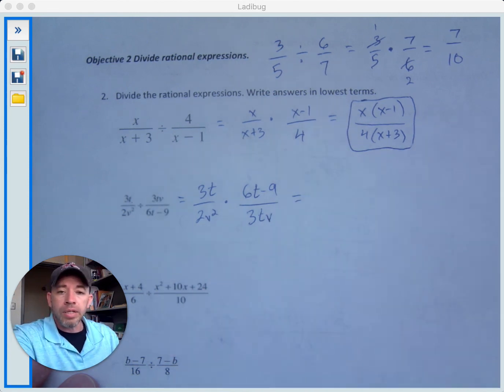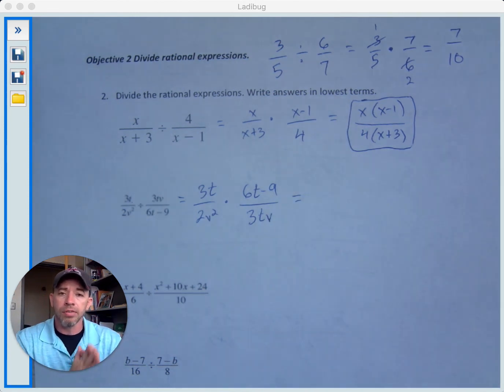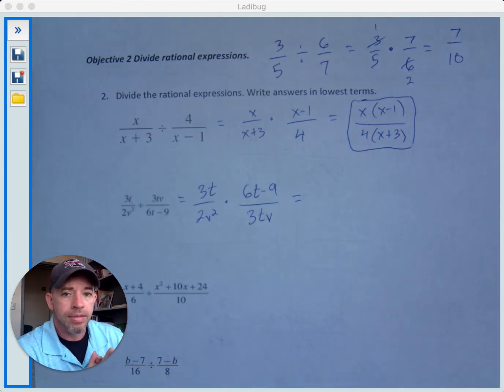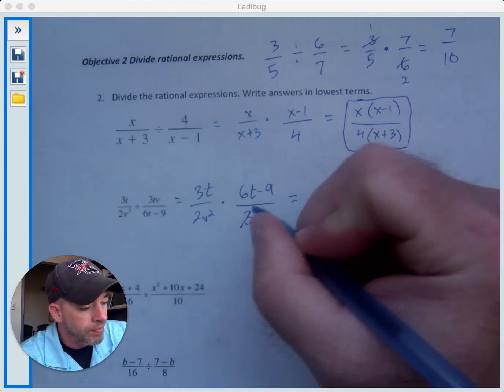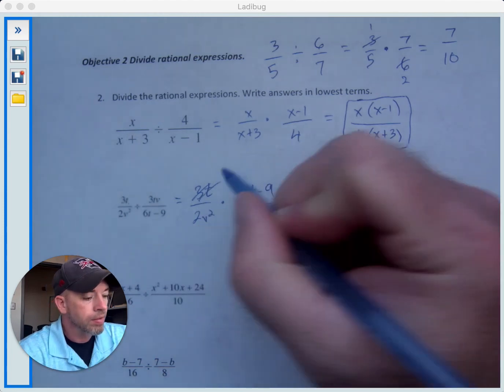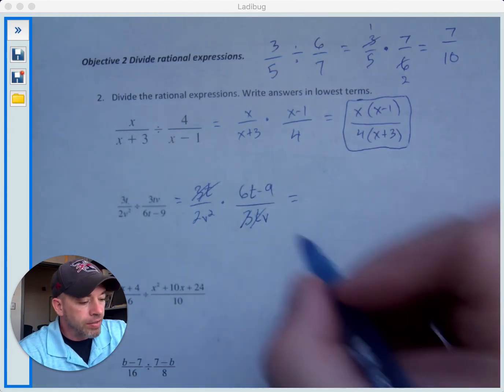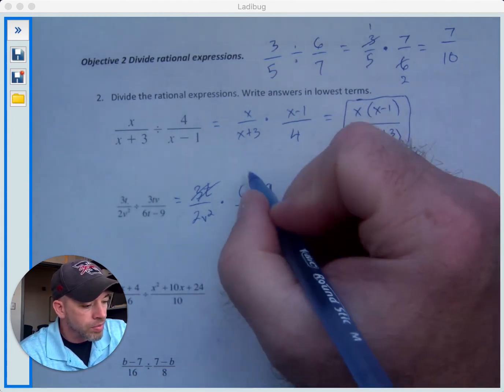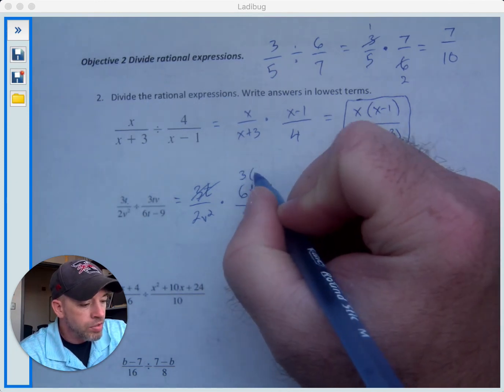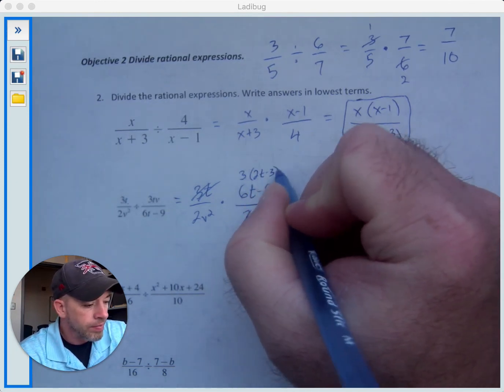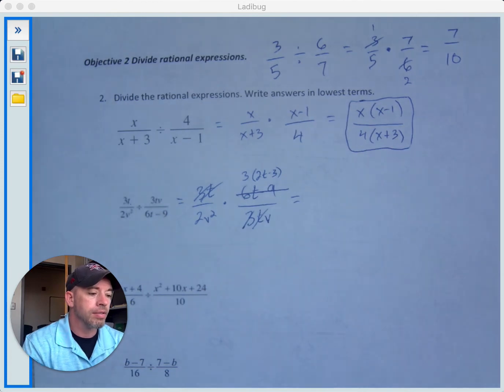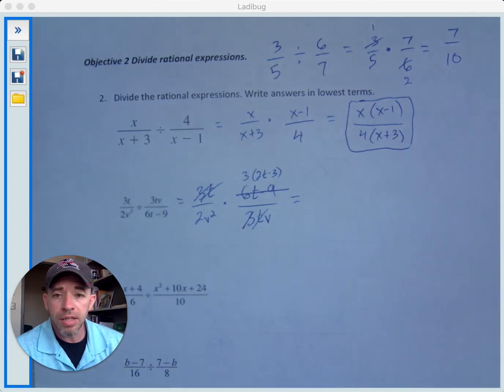All right, now we can see, can we factor, can we cross cancel? Let's see, 3's will cancel, right? T's will cancel. We can factor a 3 out of these, so 3 times 2t minus 3. All right, and I don't think there's anything else we can do.